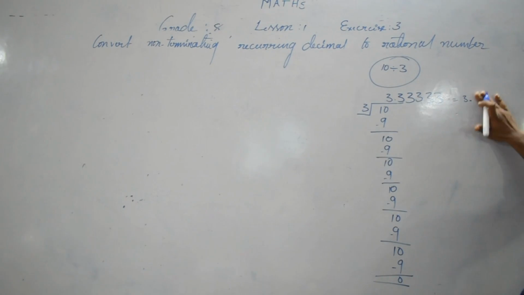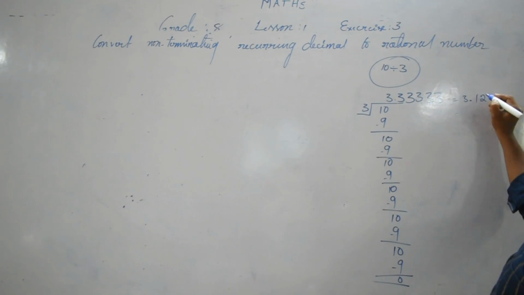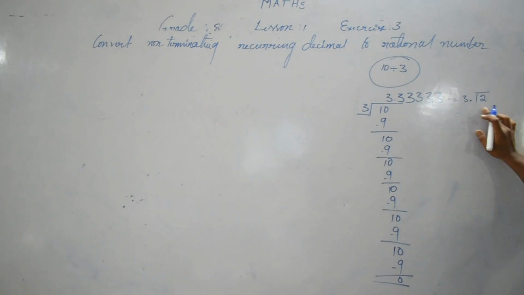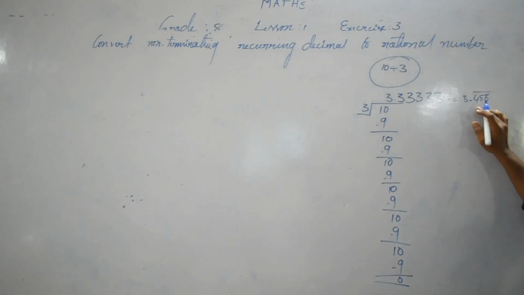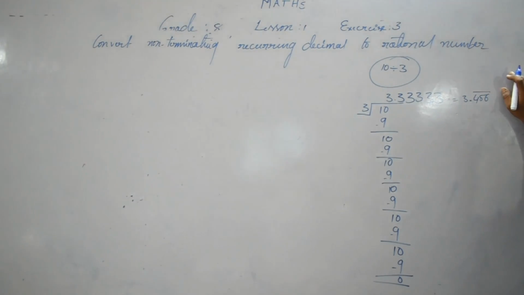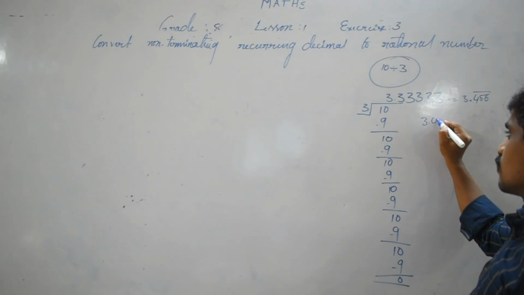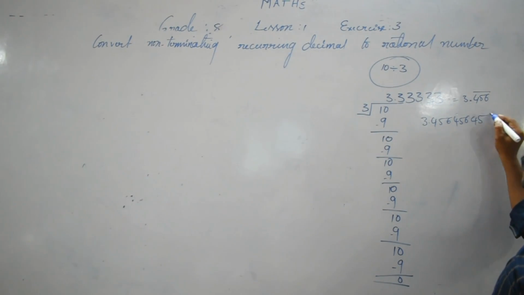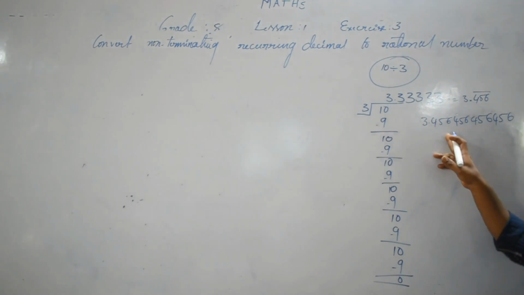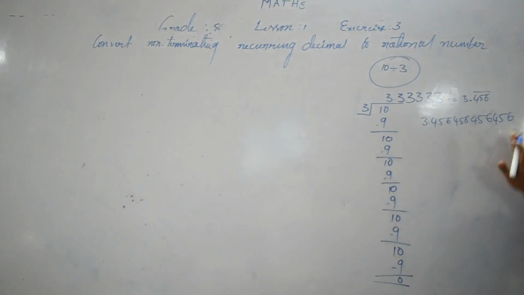So 3.12 bar means 1 2 is repeating: 1 2 1 2 1 2. Similarly 3.456 bar means 3.456 456 456 456. So it is repeating like this.